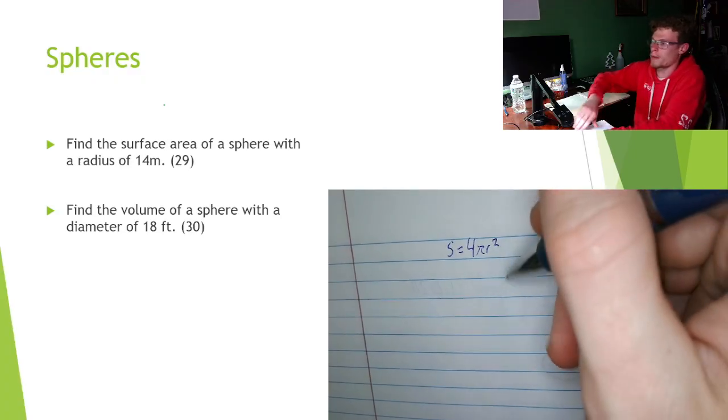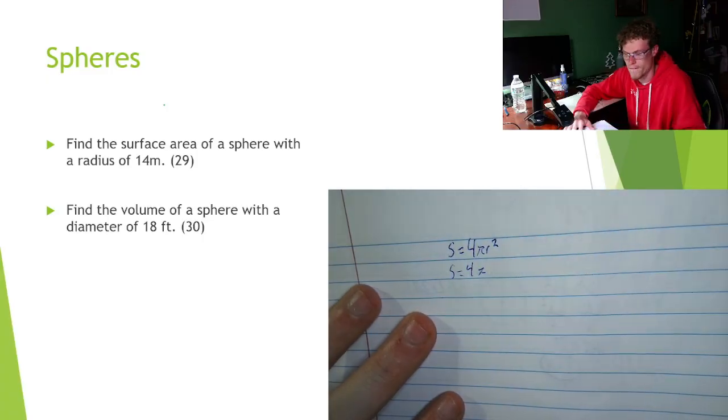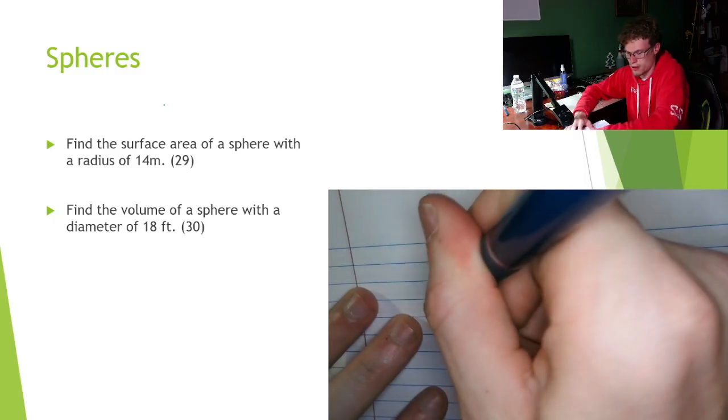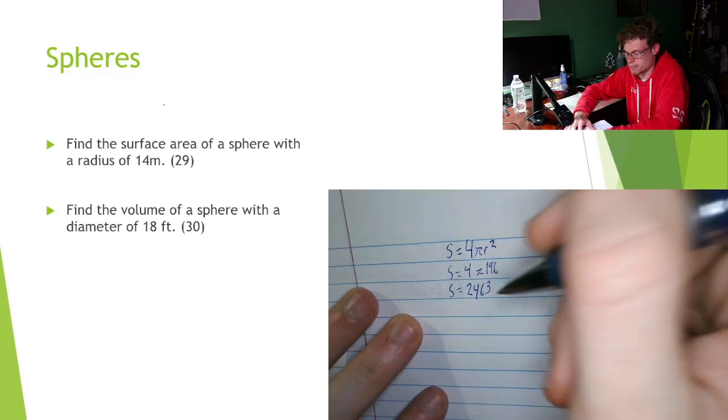So we know that our radius is 14. Let's do surface area equals 4 times pi times 14 squared. 196 times 4 times pi gives us 2,463. And pretty much that's right on point.